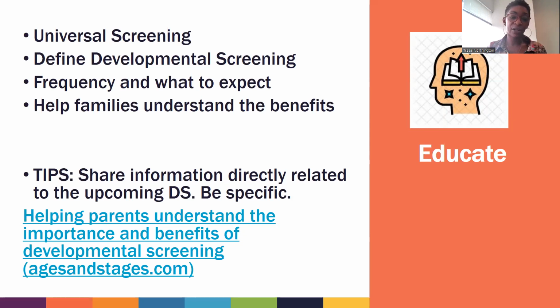And I have a link there that I'll share with everybody that is directly related to general development, something you would be able to provide to families if you're going to be using possibly an ASQ-3 for that, something specific. So that's an example that you can look into once you receive the presentation.